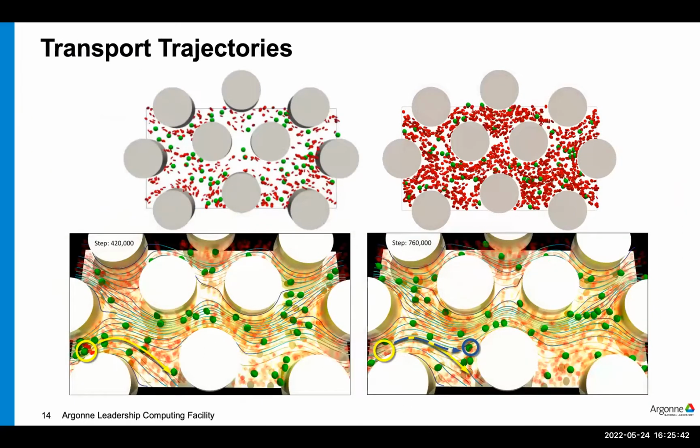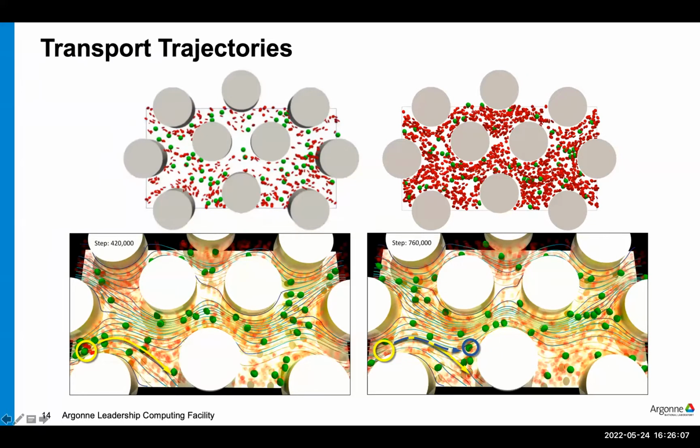Another set focused on the transport of the cells into the device, and the role that cell density played. So for example, in the bottom images here, I don't know if you can see my mouse here, we trace the trajectory of one of these particular cells. And so this is showing the expected trajectory through the flow.